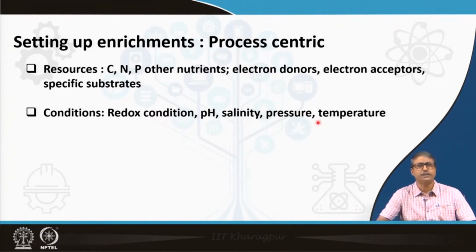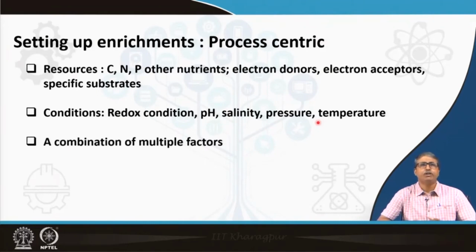There could be a possibility that none of the organisms are enriched, but there is a high possibility that many organisms are enriched. And overall, this enrichment is again a cultivation based method, because you are allowing the organisms to grow within your laboratory setup. So, in a nutshell, this is a resource based enrichment setup, a condition based enrichment setup, and a combination of multiple factors, meaning that we take into account both the resources as well as the conditions.